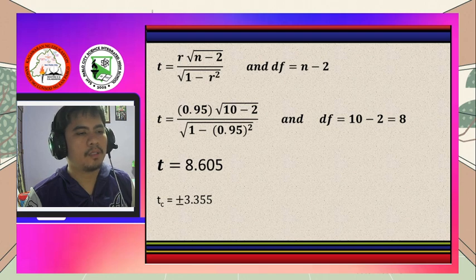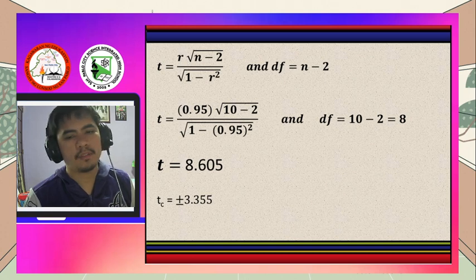And for our critical value of t, it is a two-tailed test having 8 degrees of freedom. So on our table, we have positive and negative 3.355. If we compare, the computed t value of 8.605 is greater than the critical t value of 3.355. Since it is greater than, our null hypothesis is rejected.